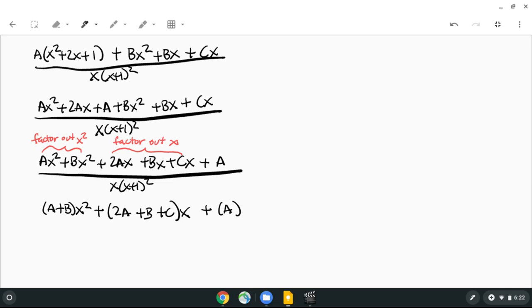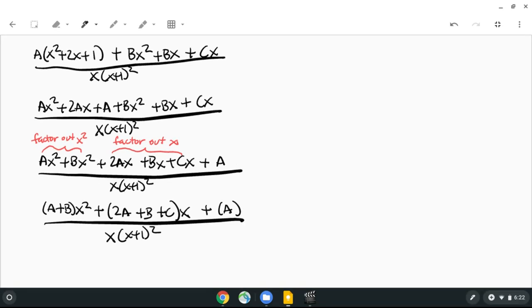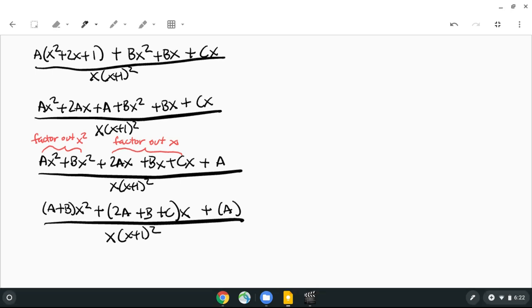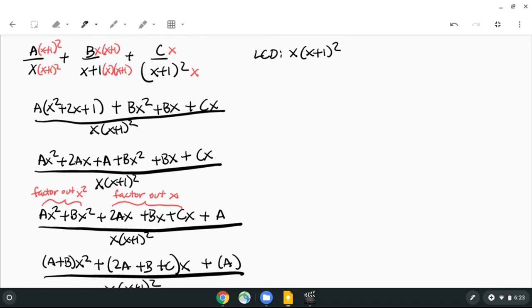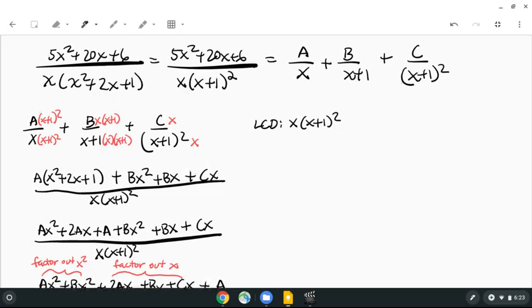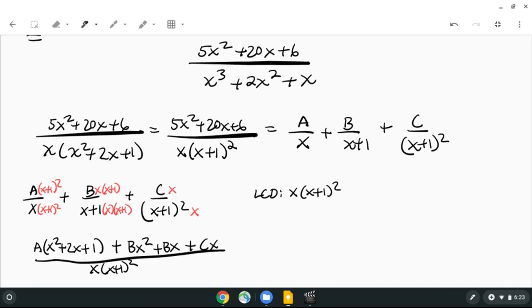Now I have my numerator all nice and organized, so I can match it up with the original problem. I should have a coefficient for x squared, a coefficient for x, and a constant. Let's see what they are. 5x squared plus 20x plus 6.